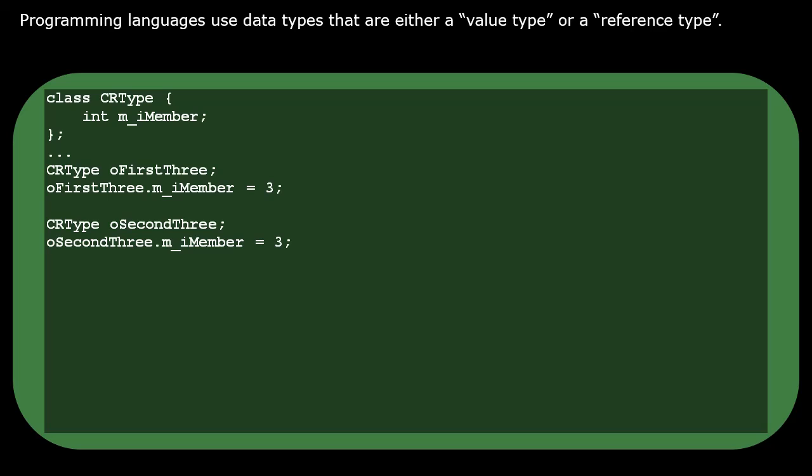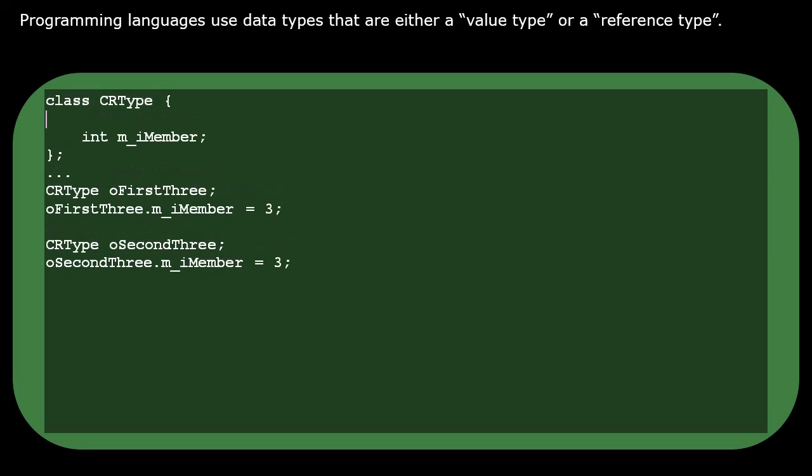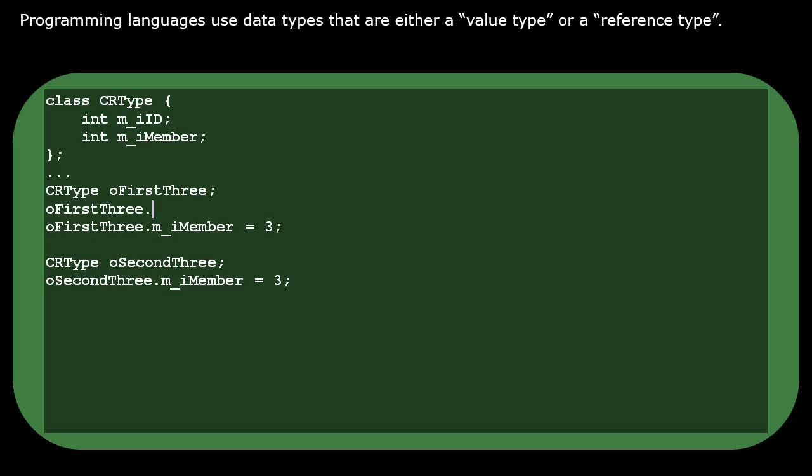Even though they both contain the same quantity, both threes, we consider these two objects to be two distinct, different things. Think of these two reference-typed objects as each having its own identity. In fact, we often reinforce that concept by programming some kind of identity member.